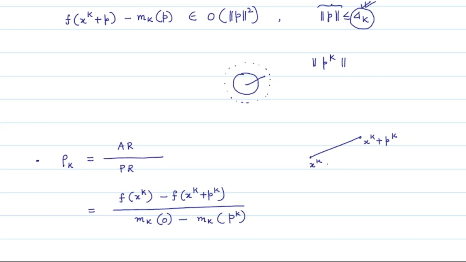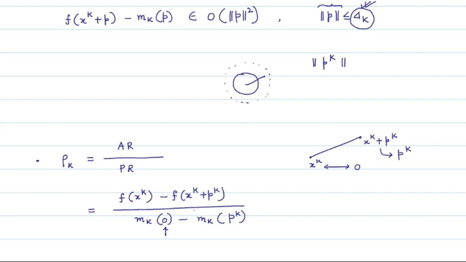Here you notice that at xk, in terms of p, we have 0, and at xk plus pk we have p equal to pk. As the model function is defined in the variable p at xk, obviously we have the model value as mk(0), and at xk plus pk we have the model value as mk(pk).